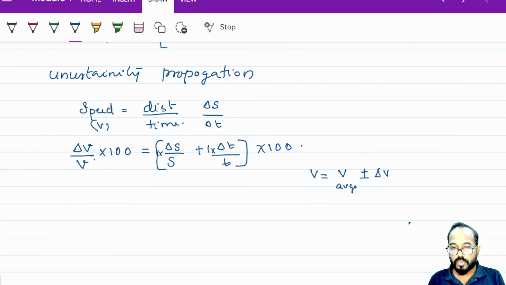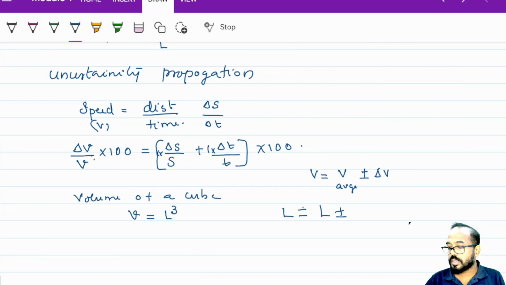Another example, if you are finding out the volume of a cube, what is the volume equation? V is equal to L cube, right? So you are measuring the length, L is represented as L plus or minus delta L. Okay, with uncertainty they have given. Understood? So this uncertainty will propagate in this equation.